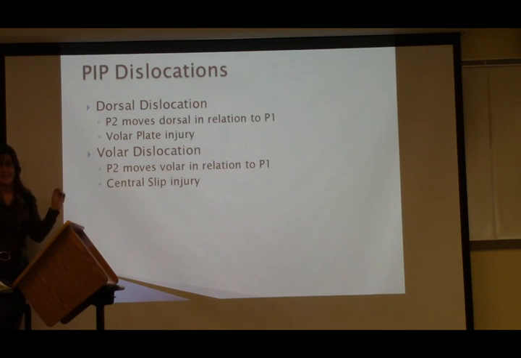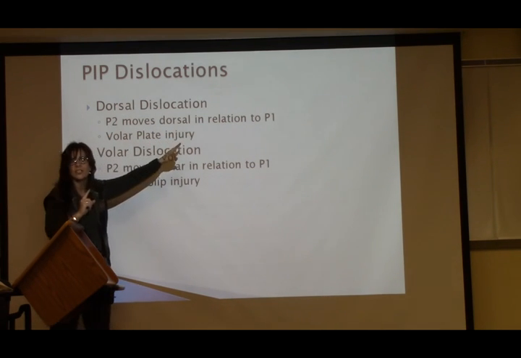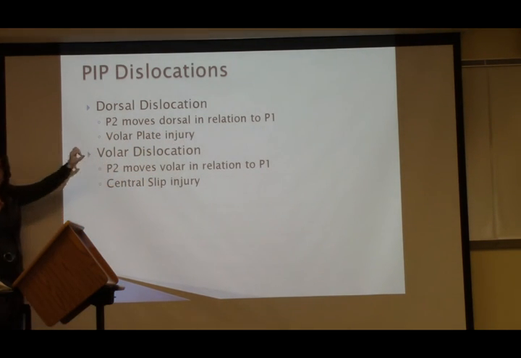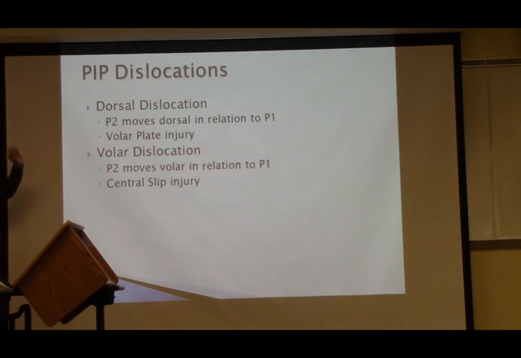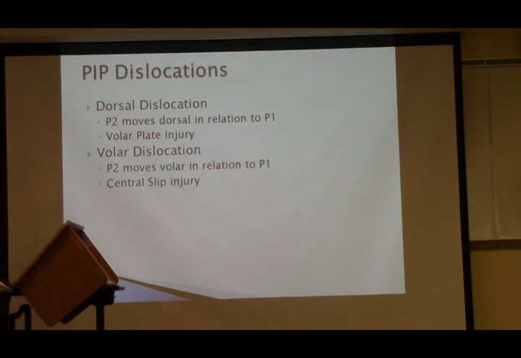The difference is that how you describe the dislocation is not the surface where the injury occurred, but it's where P2 moves in relationship to P1. P2 is the middle phalanx, P1 is the proximal phalanx, right? So when you think dorsal dislocation, you think, oh, the injury happened here.